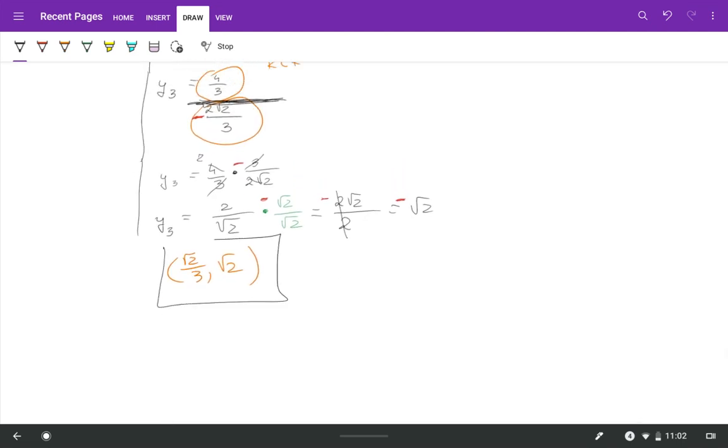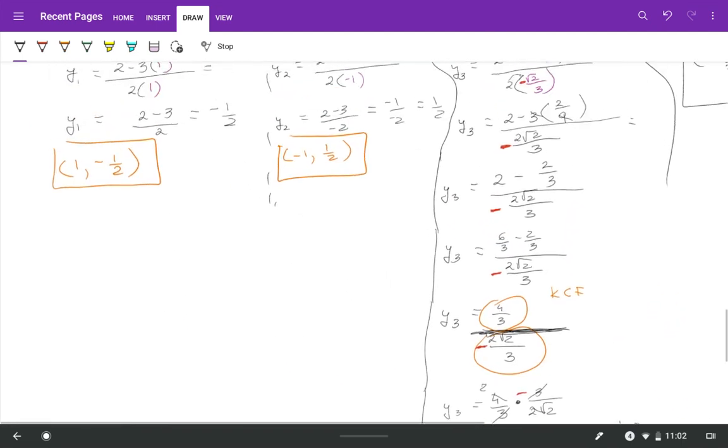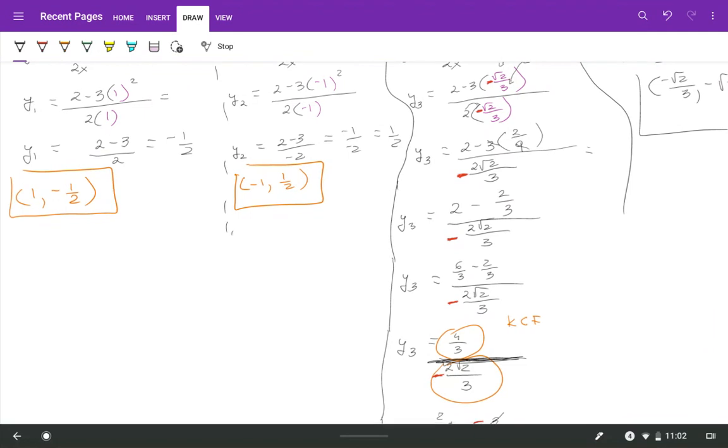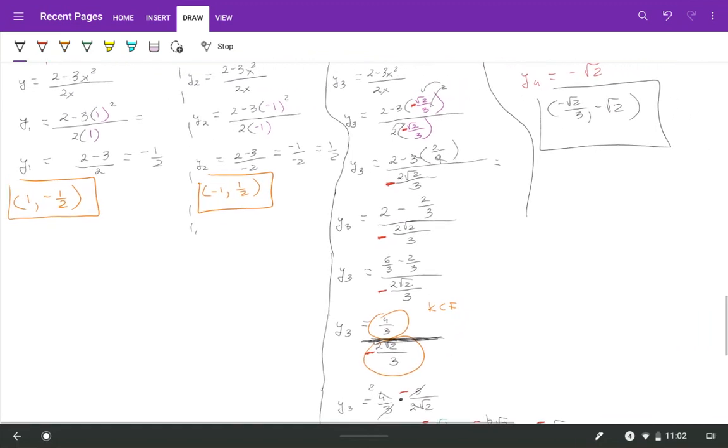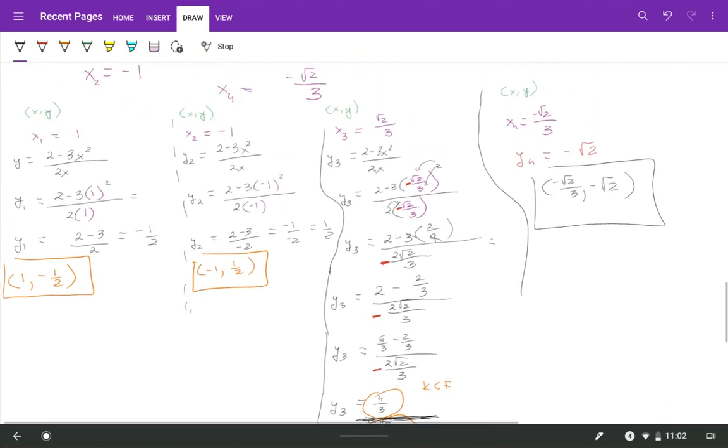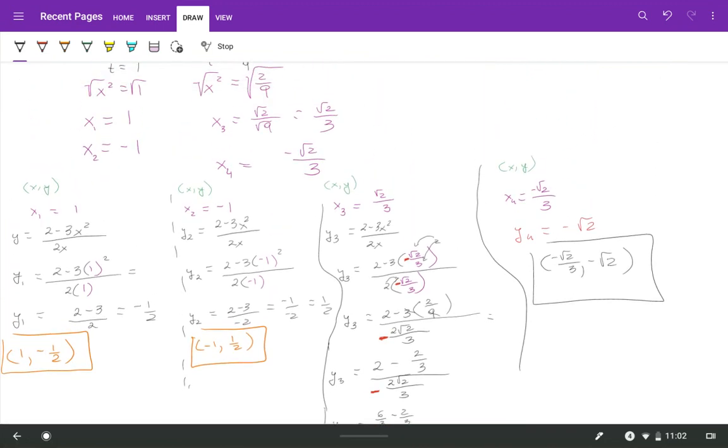I know it's a long problem, but I hope that you guys can follow the steps and understand that in this section we're dealing with systems of nonlinear equations, and it requires a lot of work, definitely.